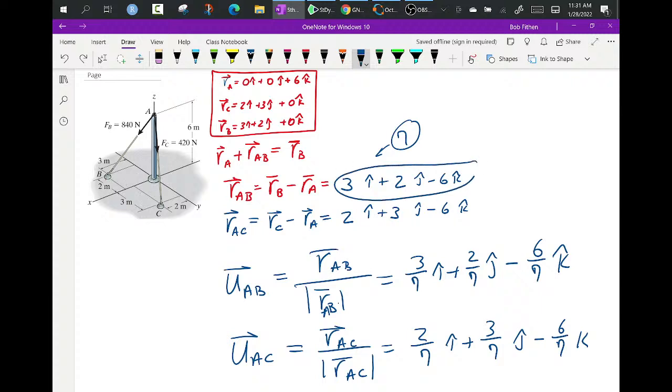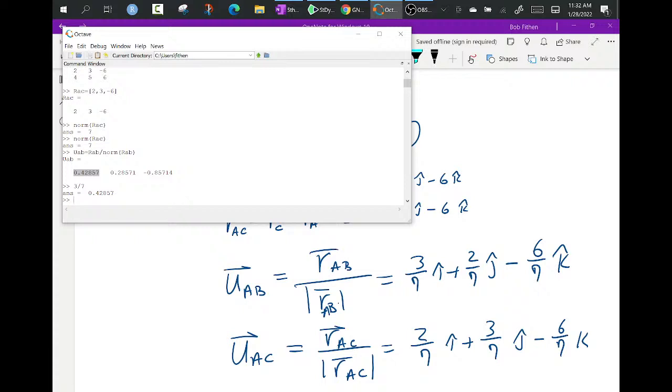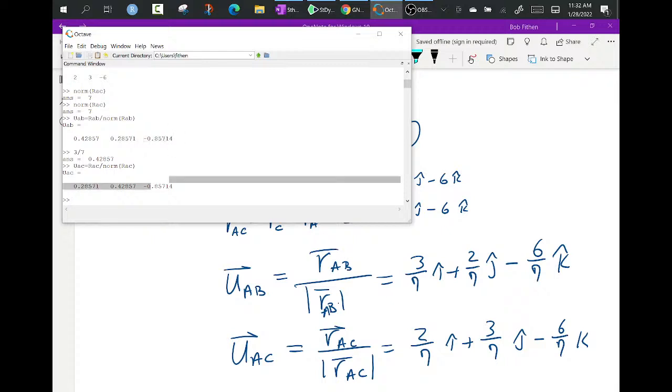I took this one, copied it right here, but I divided it by 7 and gave me a unit vector. Now, did I do that in Matlab? I did not. So UAC is equal to RAC divided by the norm of RAC. Gives you something. Now what you notice is this changed with that, and this one changed with that. This one remained the same. That's what you end up with.